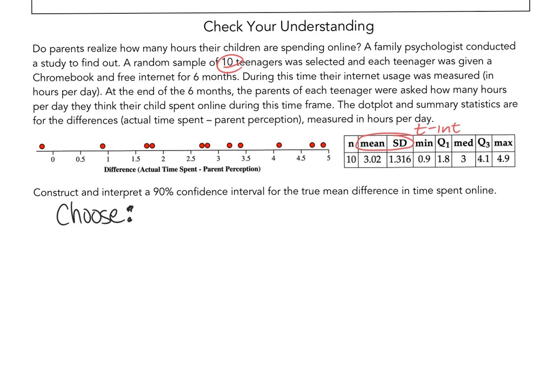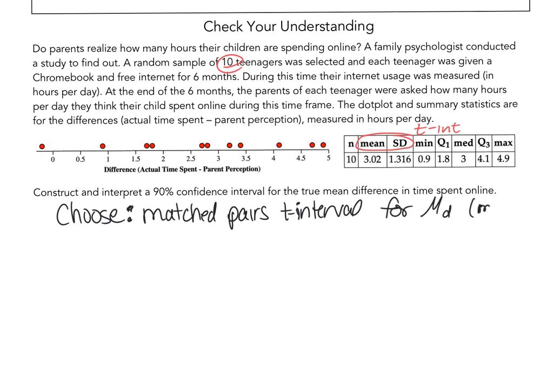So because there's 10 teenagers and you have the actual time and the parent perception for each teenager, that is your matched data. So we're looking at the matched pairs T interval for mu D, and that means the mean difference, the average of the differences, okay?